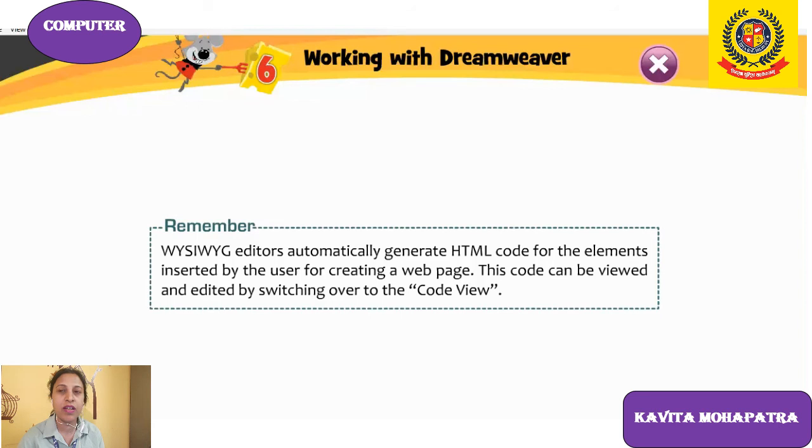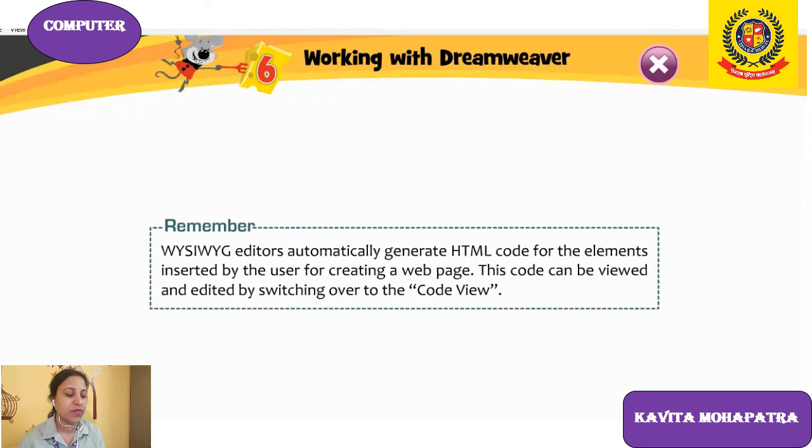The editor automatically generates HTML code for the elements inserted by the user for creating a web page. This code can be viewed and edited by switching over to the code view.